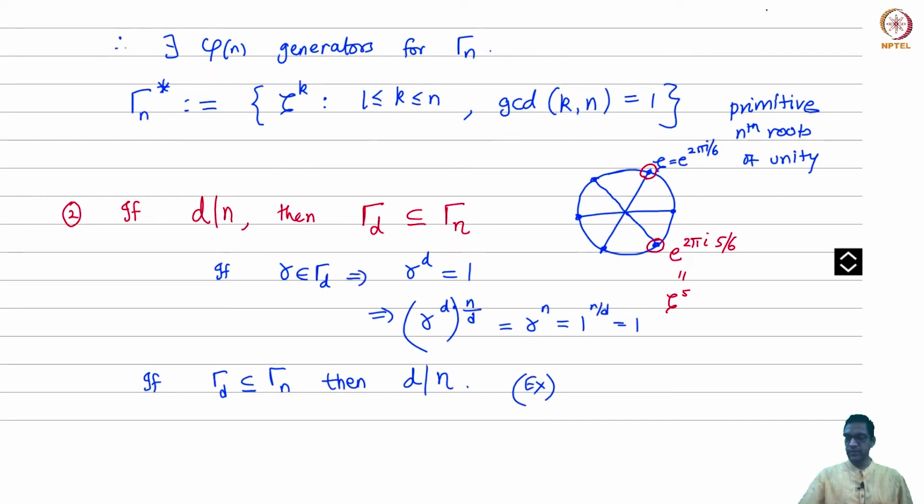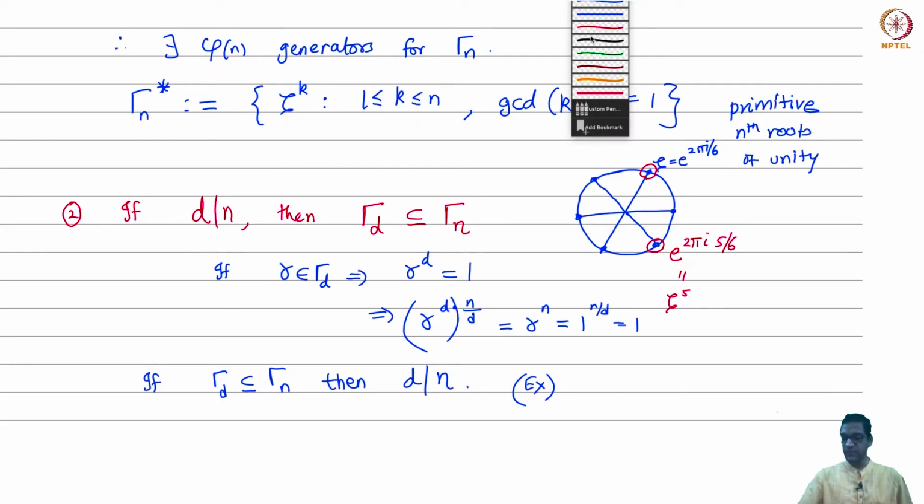If you go back to this example, notice that the two things I circled in red both have order 6. These are the primitive roots of unity, the generators. Now if I take element 1, this has order 1 because it's the identity.